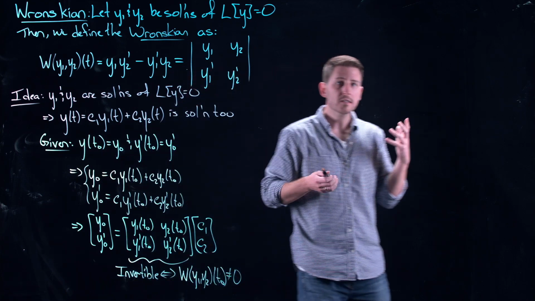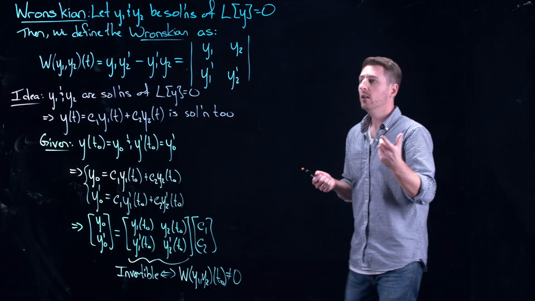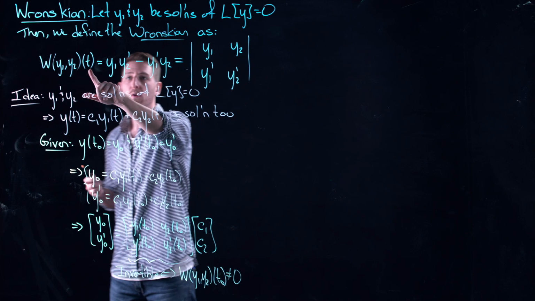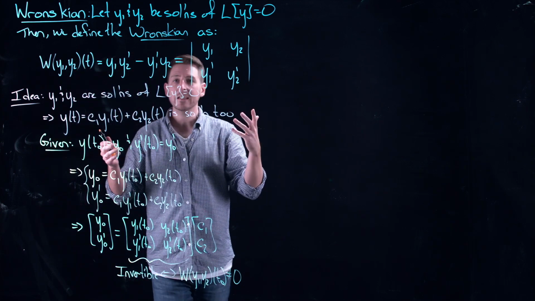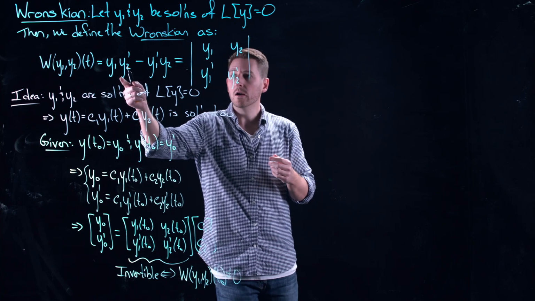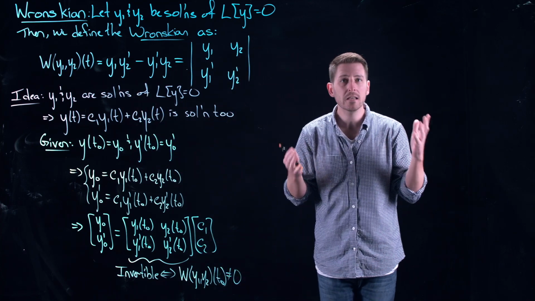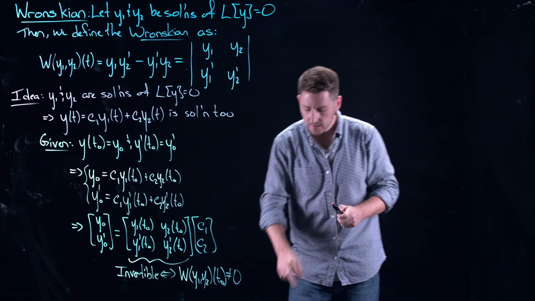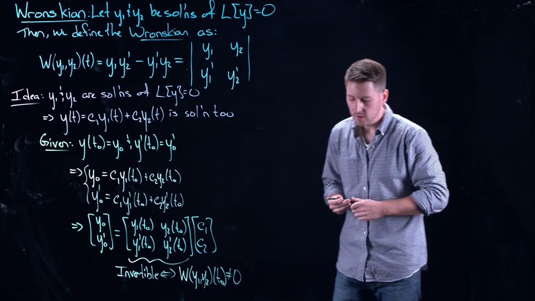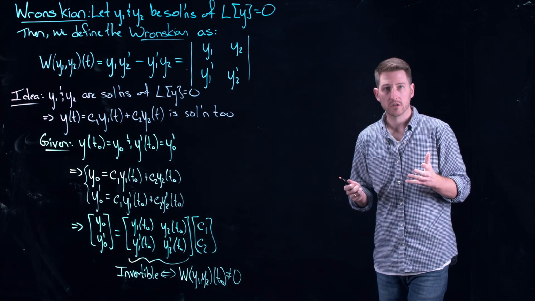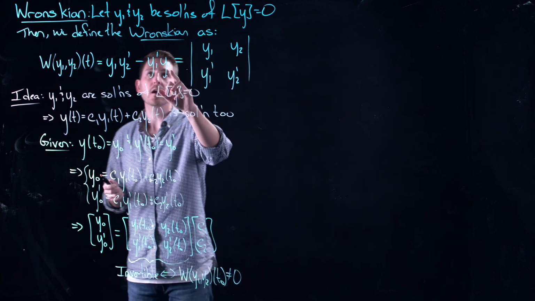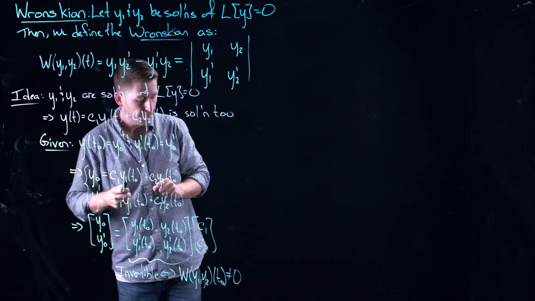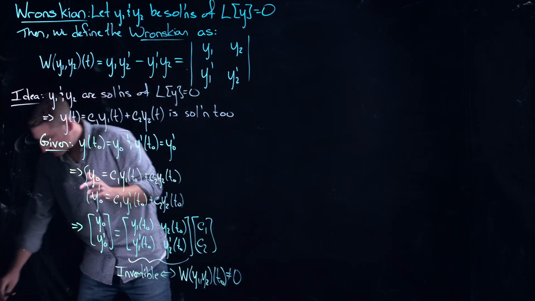So what is the Wronskian telling us? Well, if the Wronskian at some point in time is not 0, it tells me that I can actually use y1 and y2 to build any solution to fit any initial conditions to my differential equation. That's what the Wronskian captures. It tells me a whole lot about the two candidate solutions that I was provided.